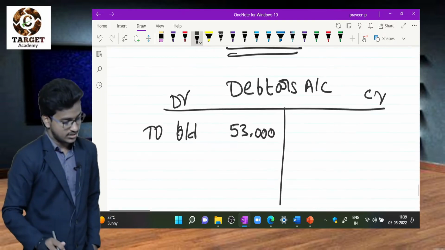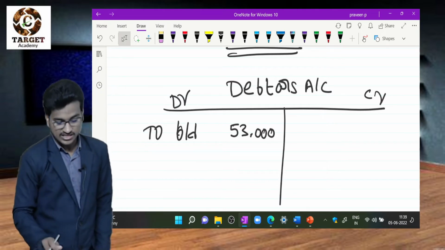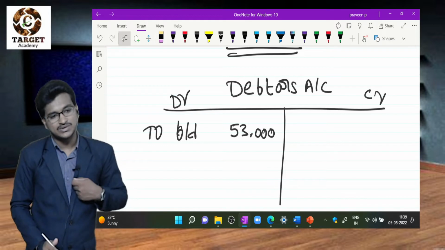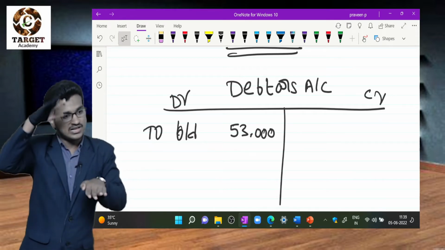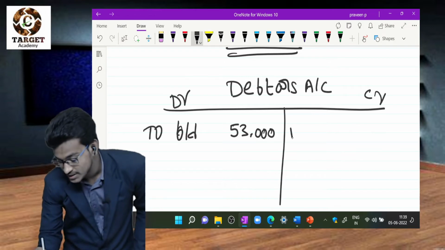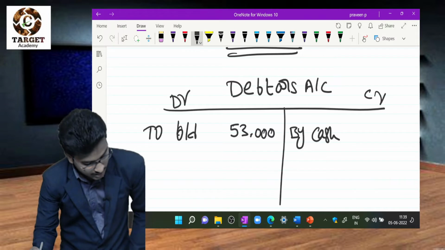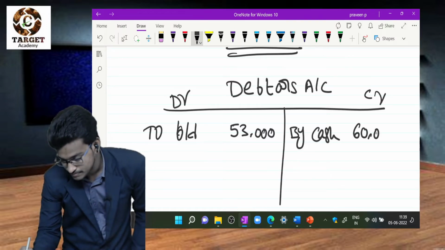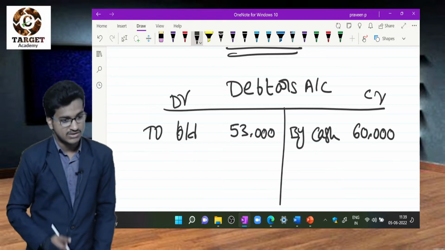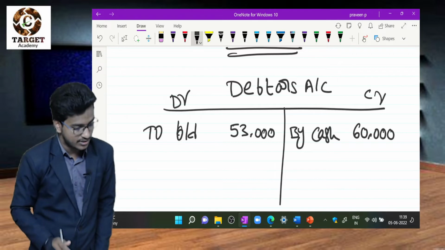Now see the question, what transactions happen? First, received from debtors, that means we have to reduce debtors. Why? Because we are receiving from debtors, that means debtors will reduce and cash will increase. So we have to credit debtors by cash. How much? 60,000, superb. Next one, further capital introduced. Capital introduced will affect the balance sheet, nothing in debtors account or creditors account.